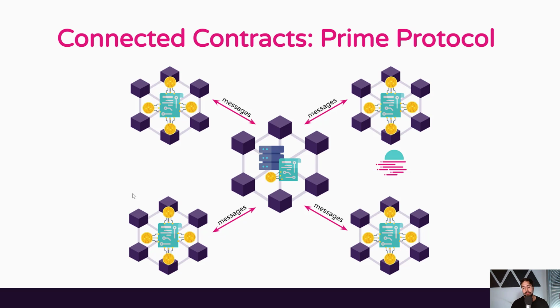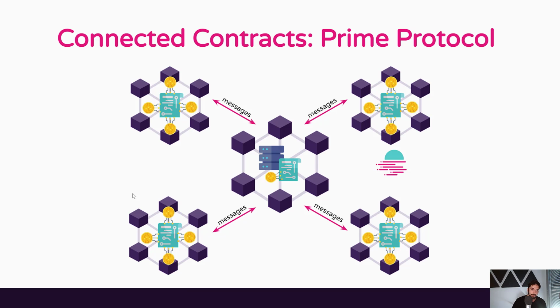The example of Prime Protocol is really interesting because it solves the liquidity fragmentation problem. The idea is that Prime Protocol will have the brain of the smart contracts living on Moonbeam, and it will have a subset or a lighter version of the logic on all the different blockchains, right? Let's say Ethereum, Avalanche, BSC, and everything else.